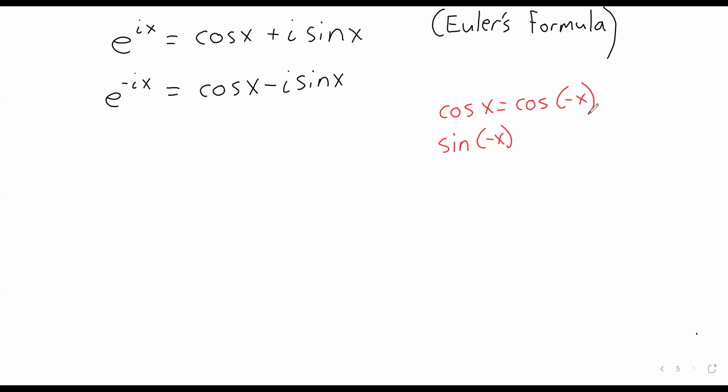It's symmetric around the origin. So when we replace x with negative x, the cosine doesn't change. The sine gets a negative sign in front of it.